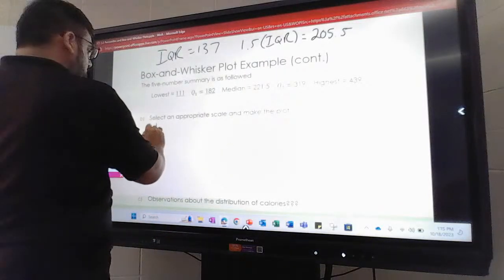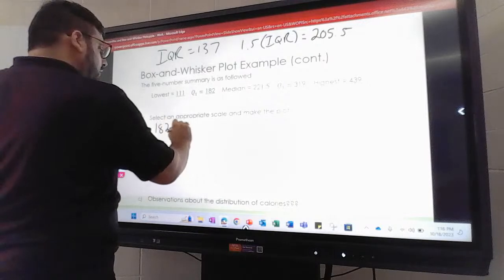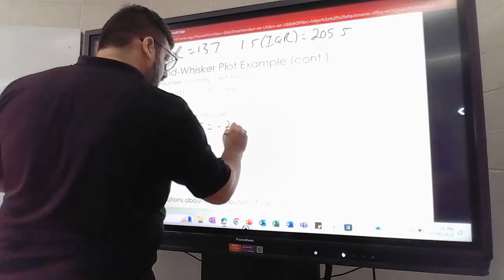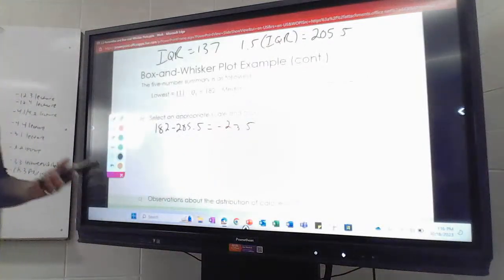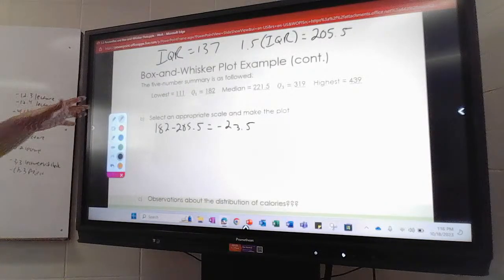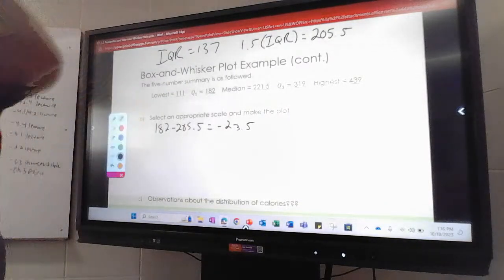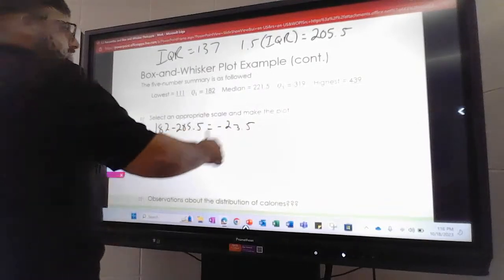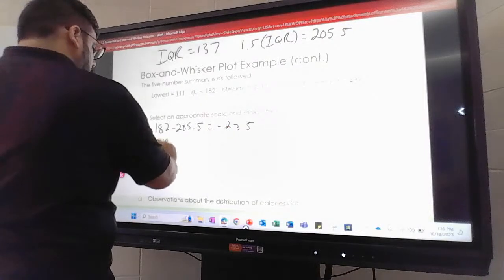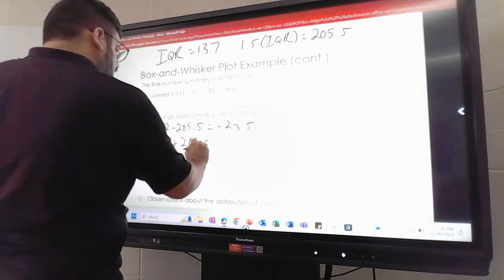So let's take 182 minus 205.5, and that's negative 23.5. So obviously there's no negative values in our data, so that tells me that there are no outliers in the lower half of your data. Let's try the other side. 319 plus 205.5.